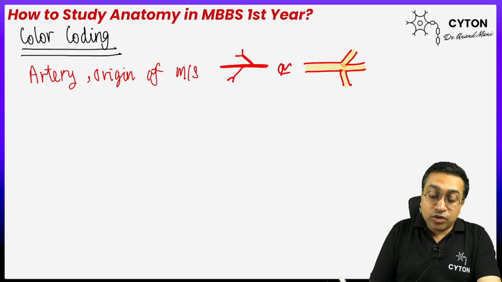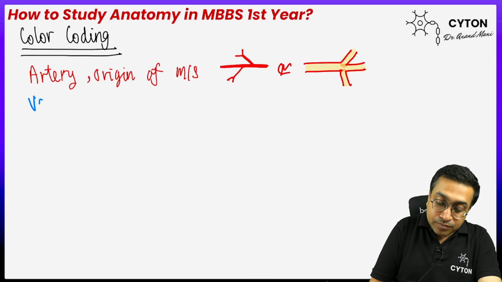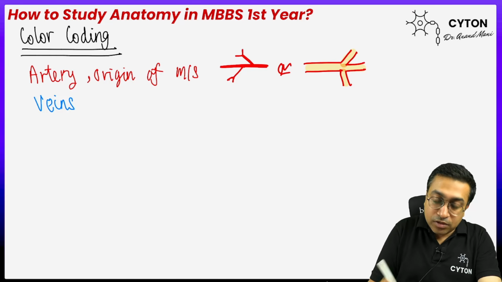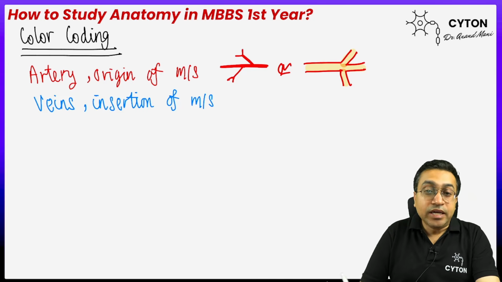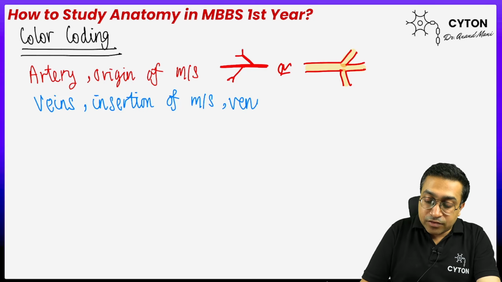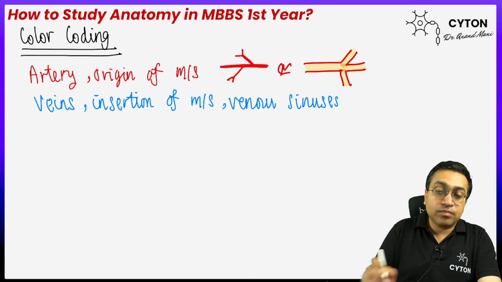Okay, then you have the veins. Then you have the veins in blue color. Insertion of the muscles. Okay, and the venous sinuses in blue color.